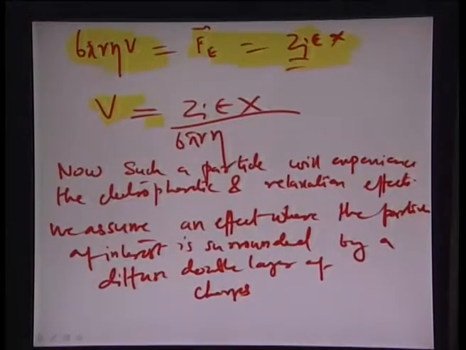It's equal to Zi times e times x divided by 6 pi r times eta. Eta is the viscosity of the medium, r is the radius of the ion of interest, e is the electronic charge, that is 1.6 times 10 to the power of minus 19 coulomb, x is the external electric field, and Zi is the valency on the ion of interest which is moving, demonstrating the electrophoretic mobility.